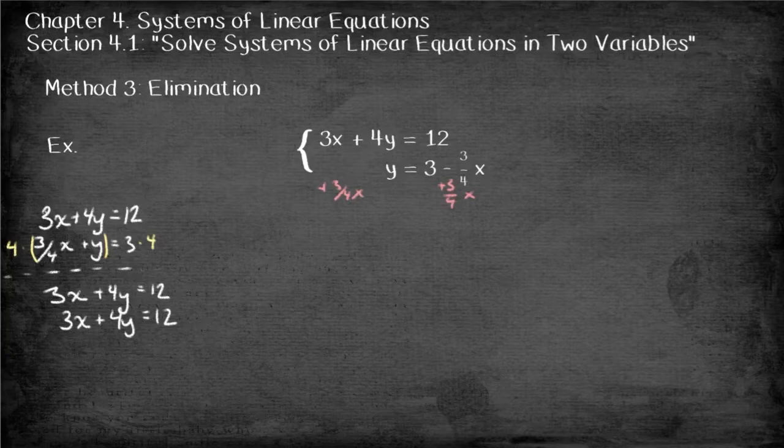Well, I want to decide which variable I'm eliminating. Let's say I want to eliminate x. To make the coefficients opposite, I can just multiply the second equation by negative 1.